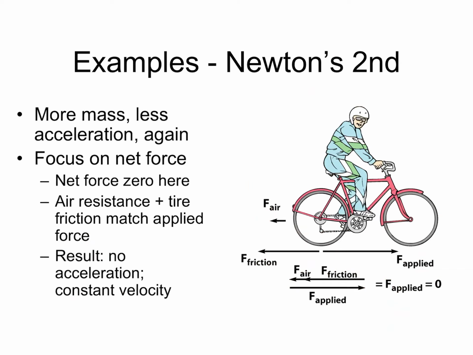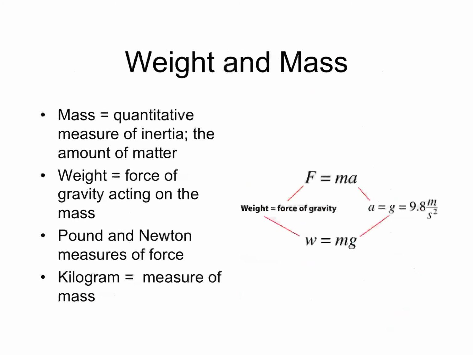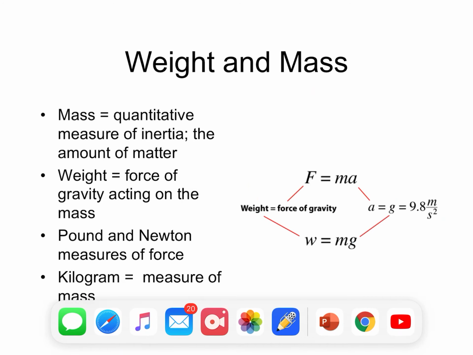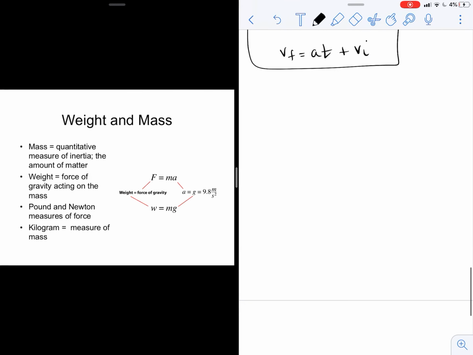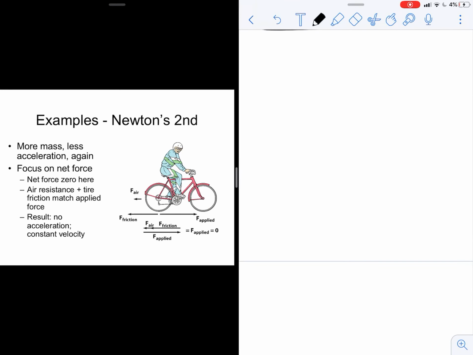All right, so Newton's second law has some math a little bit to it, meaning that there's some examples, okay? So let me go to our notes here so that we can kind of do one of those examples.